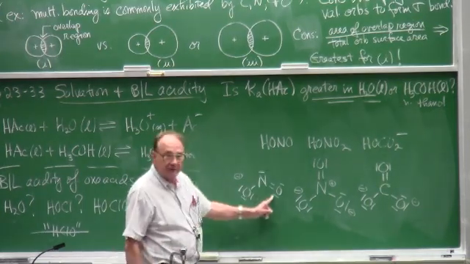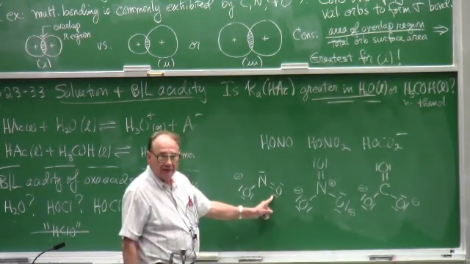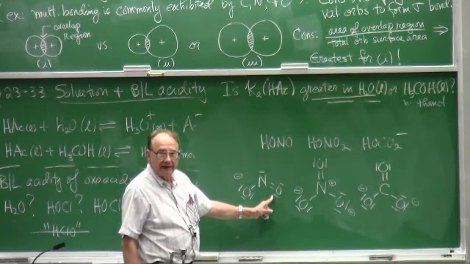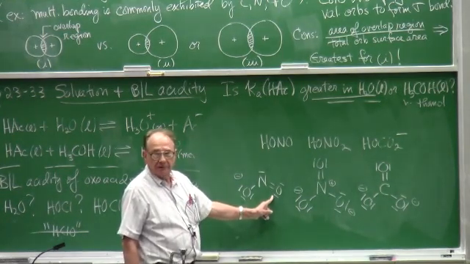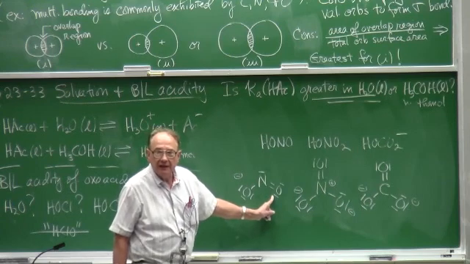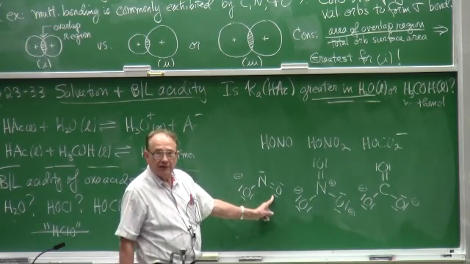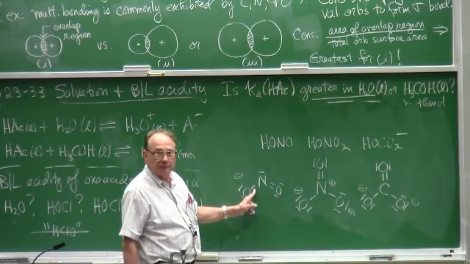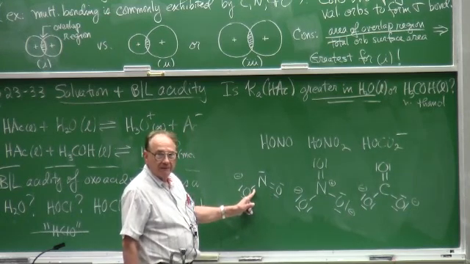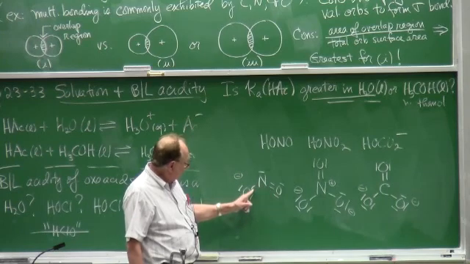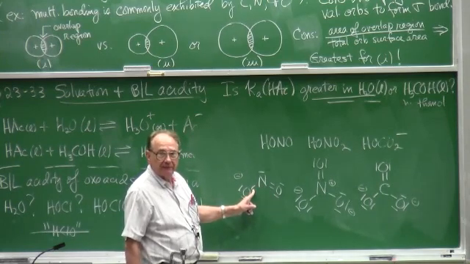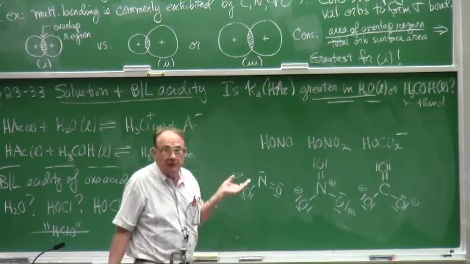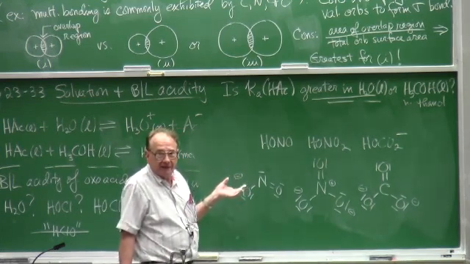Because these oxygen atoms are electronically equivalent. The trouble is, I cannot draw a picture which will be in any fashion a reasonably accurate representation of a partial multiple bond. From a bond order standpoint, the NO bonds are 1.5 for the nitrite ion. How do I draw a picture of a half a bond? I can't do that.